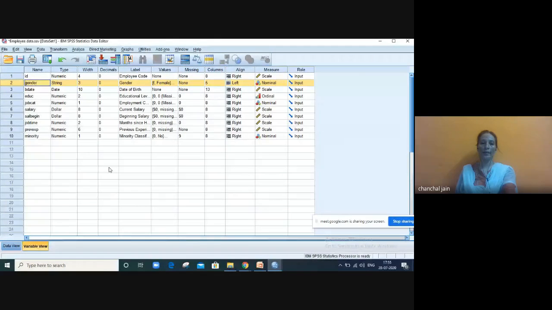There are two variables. The first one is gender, meaning gender is bifurcated into two groups, male and female, and the second one is salary. Gender is on a nominal scale, and salary you can see is measured on the scale measurement, that means it is on the ratio scale. So this way we can say assumptions are met.